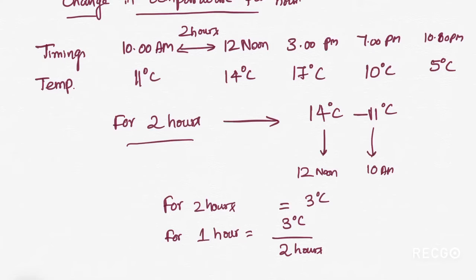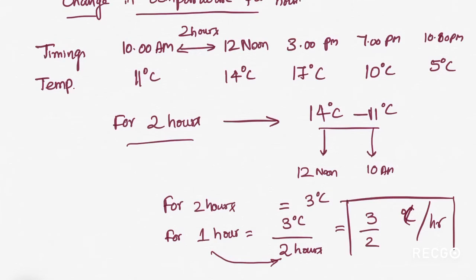Always write in this equation format, and at the final answer-making point you just make this number come to this side. Therefore the answer is 1.5. Units are very important: degrees centigrade per hour. Keep in mind, for the first 2 hours, that is 10 am to 12 noon, the time gap is 2 hours, because after 10, 11 am is there, then 12 noon.